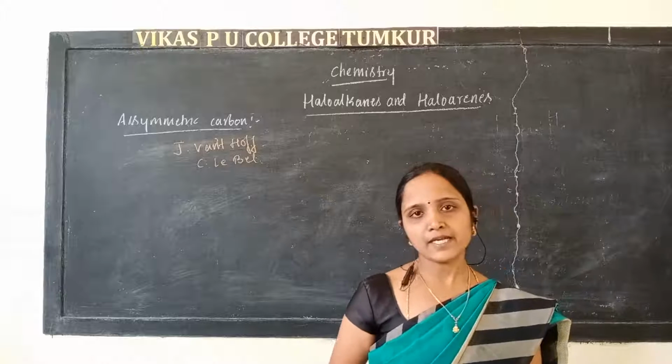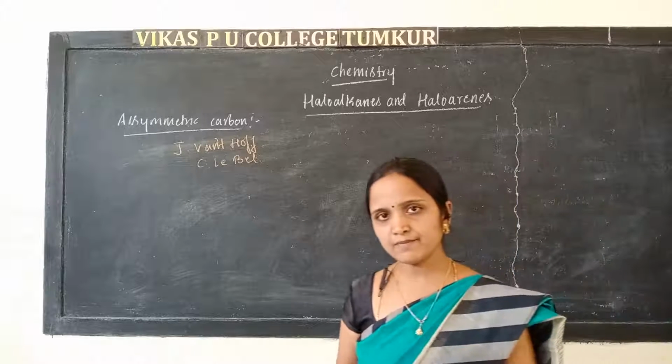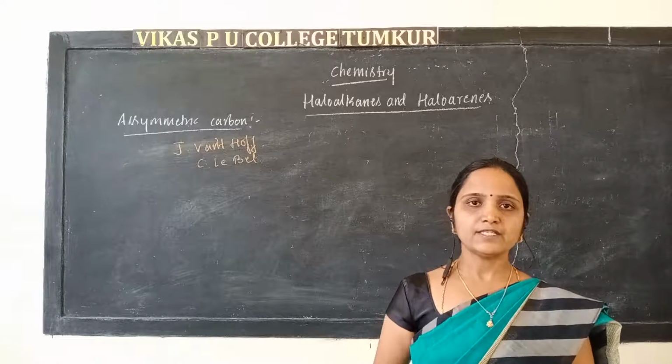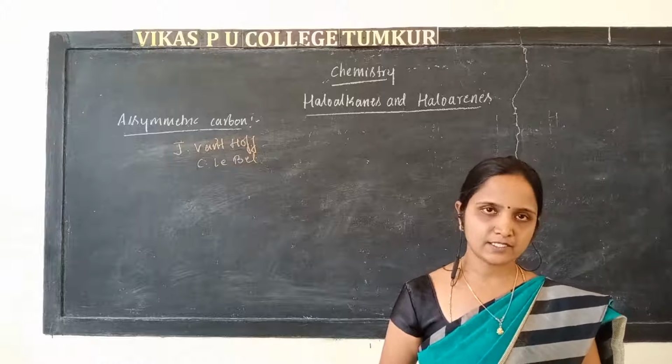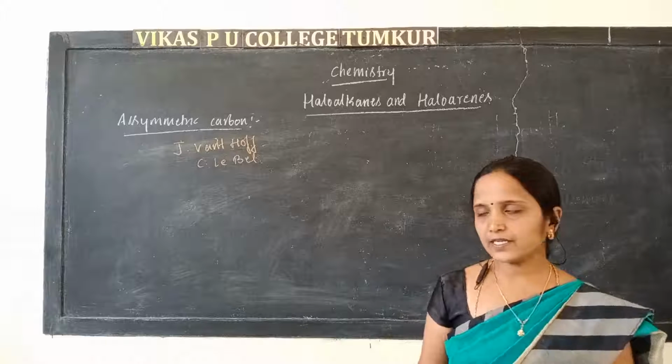When the four atoms around the central carbon atom are different, that central carbon is called an asymmetric carbon.